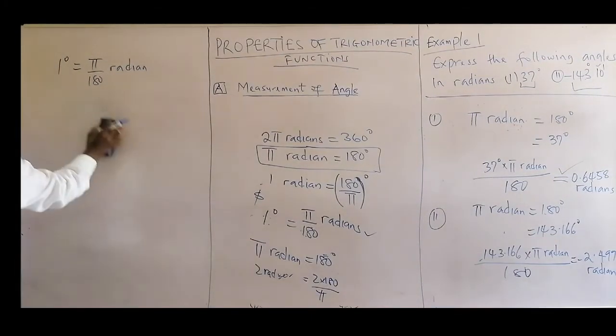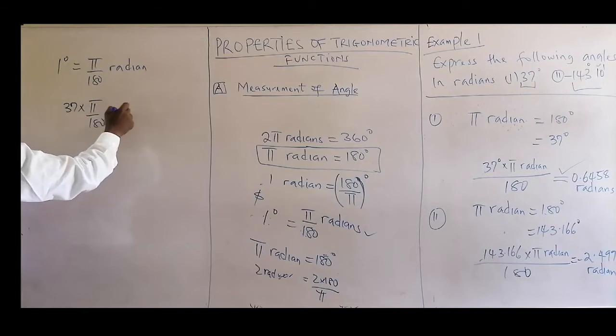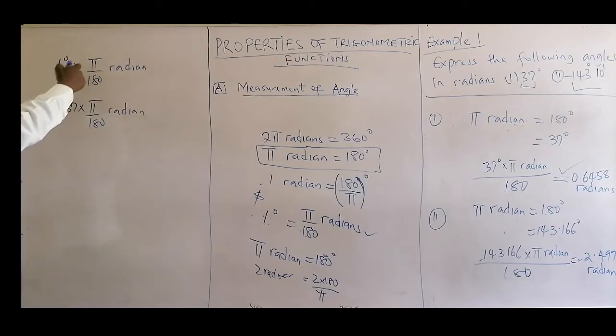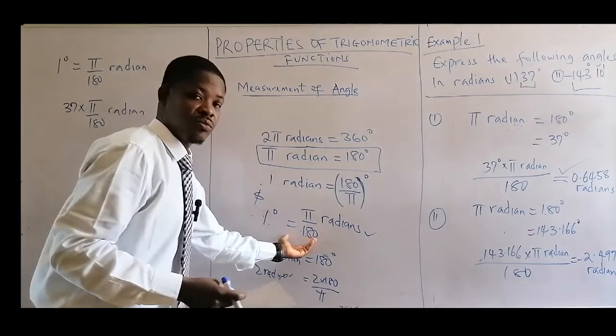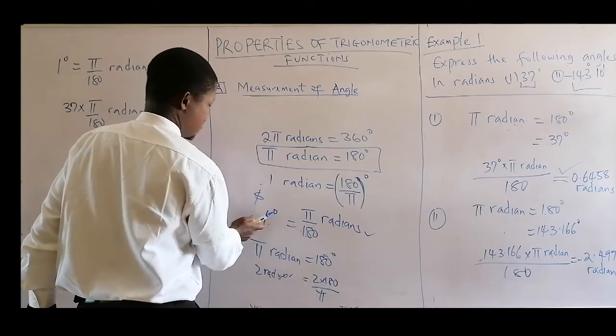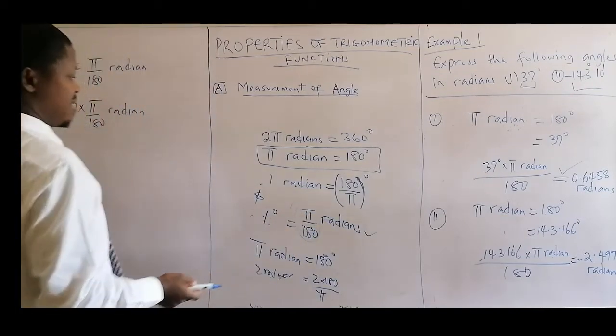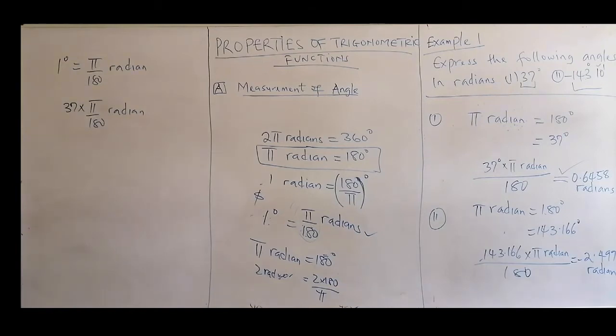For 37 degrees, that will just be 37 times this value, pi over 180 radians. If one is this, how much will 37 be? So that's how to apply this one. If you are going from degrees to radians, you just multiply this value times the degree value you are given, and that's okay.